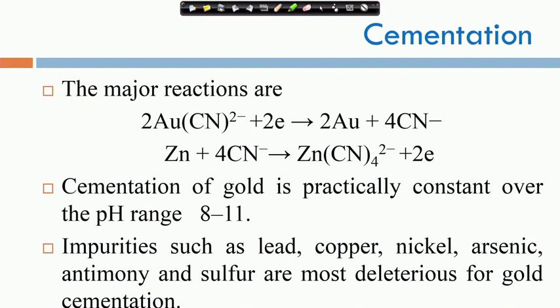The cementation of gold is practically constant; you work at a pH range of 8 to 11. It is somewhat problematic if you have impurities of lead, copper, nickel, arsenic, antimony, and sulfur, as they are deleterious for gold cementation. They also react in this scenario and create some impurities.